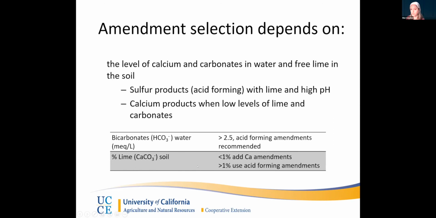When your soil lime levels are greater than 1%, again, acid forming amendments. If it's less than 1%, calcium forming amendments. And there are instances where you may want to use a combination of both, but that's a good rule of thumb.